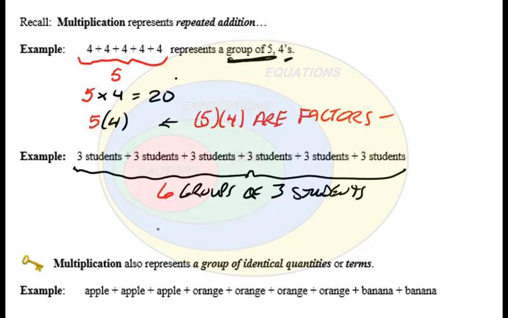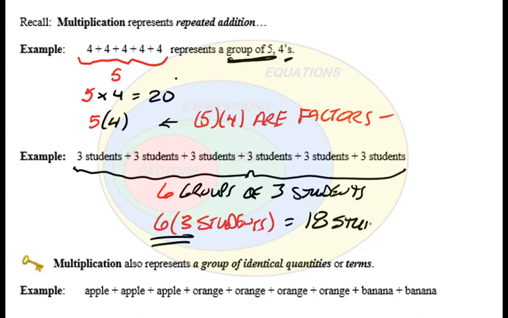If we think of multiplication, this would be 6 times the 3 students. If we wanted to get a total, this would be equal to 18 students. Everything is identical, the numbers represent the same thing, so we can use multiplication to represent that.